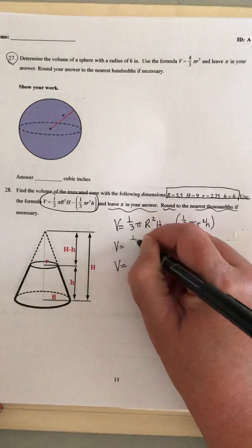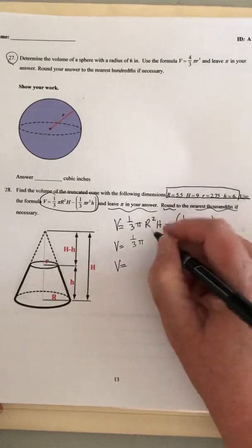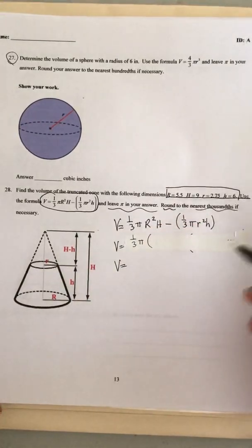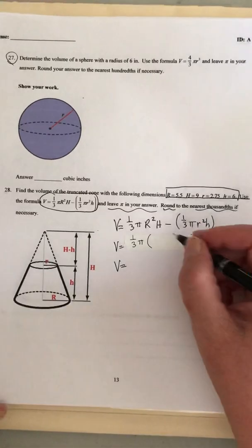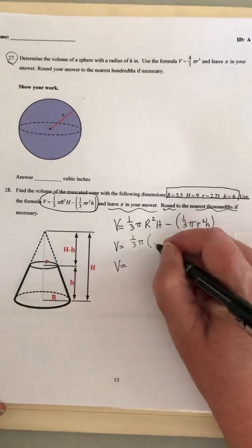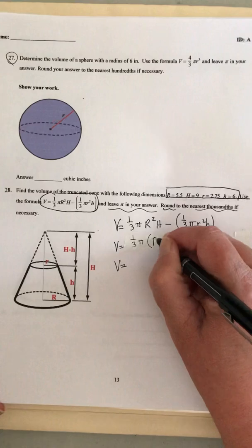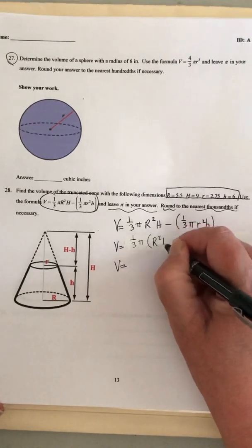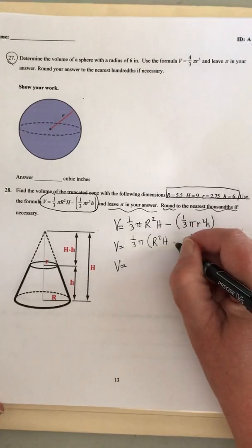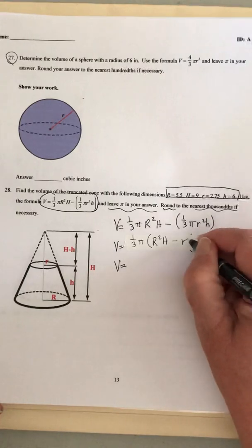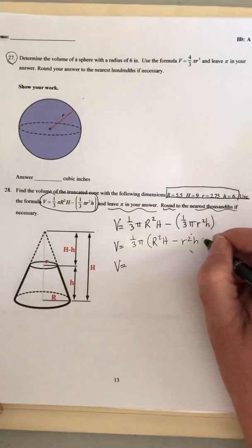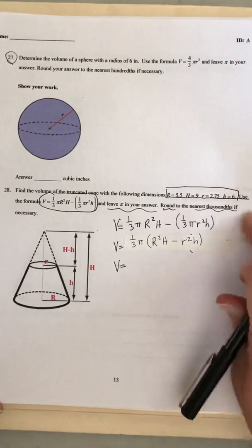So I'm going to bring both of them out in front. And now what's left over is going to be multiplying that. So what's left over in the first one? We got capital R squared times capital H minus little r squared times little h. Okay, that's a lot easier.